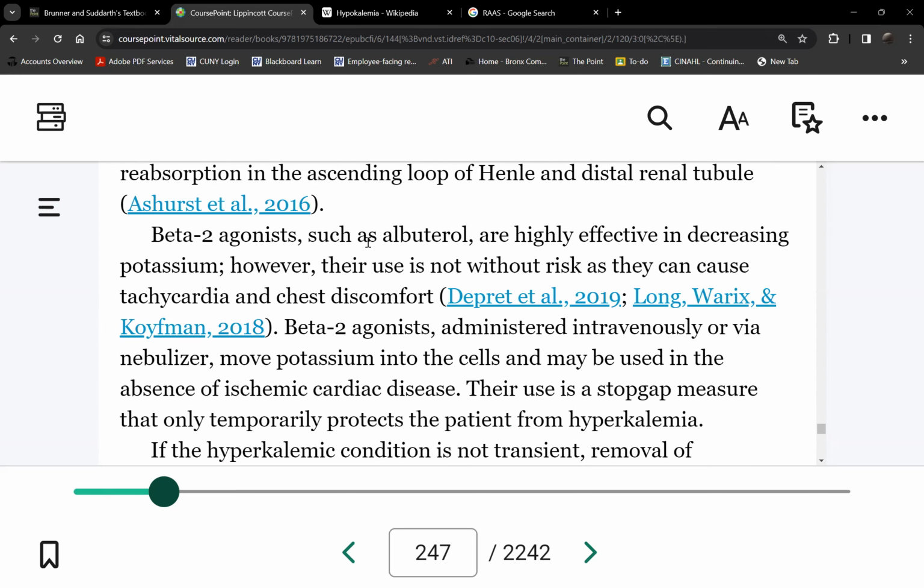Another option is albuterol, nebulizer. You can give albuterol, and this is the benefit. However, because it's a beta-2 agonist, a sympathomimetic drug, it'll cause tachycardia.